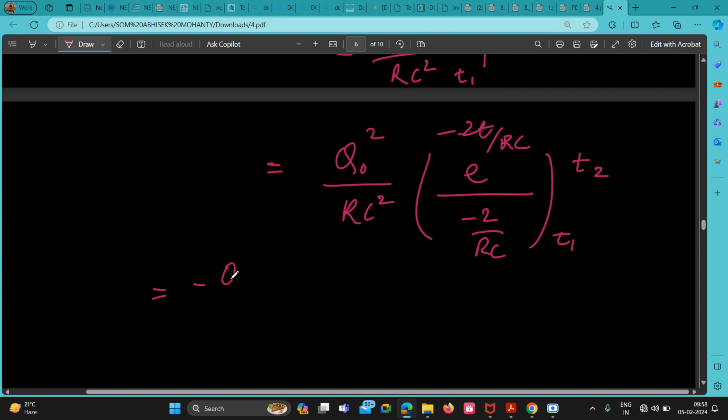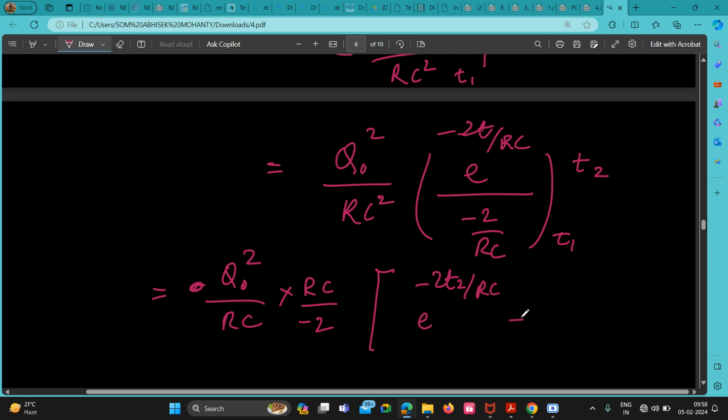So minus Q naught square by RC into RC by 2, so divided by, e to the power minus 2 t2 by RC minus e to the power minus 2 t1 by RC.